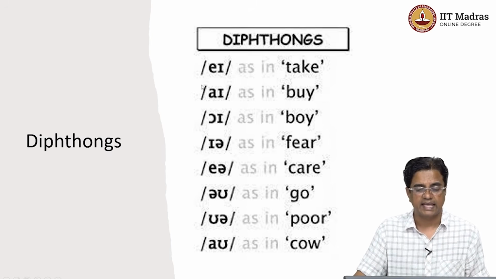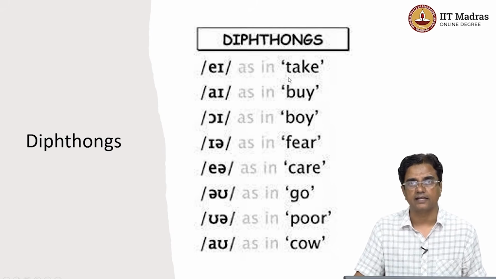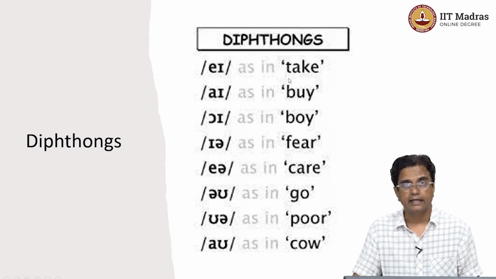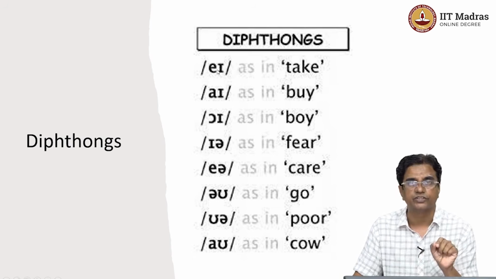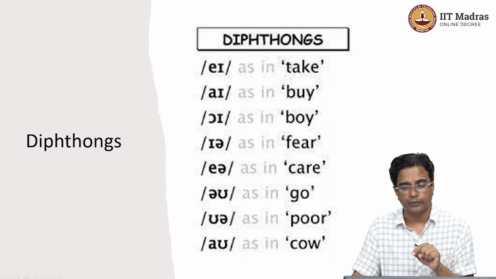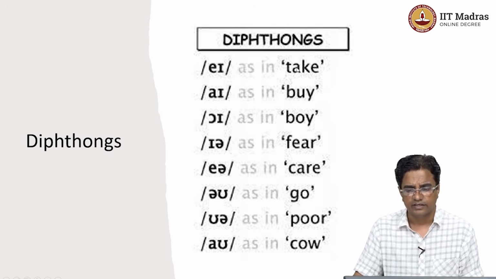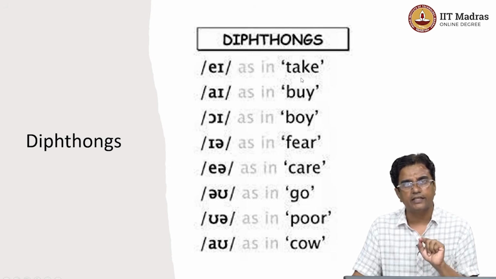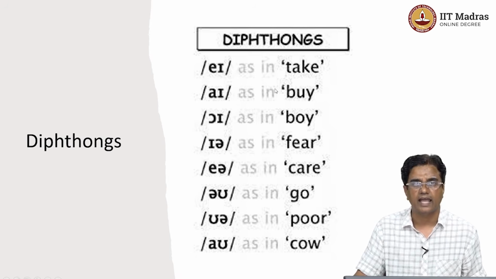So the first one is A, as in, how do we pronounce this word? Take. Paying attention to these sounds will help you improve your pronunciation. We can say take. Now, we can reach that pronunciation only when we know that the vowel sound here is A, take.